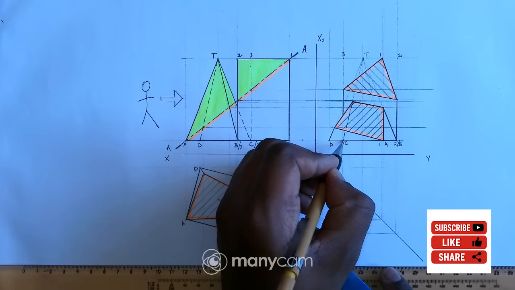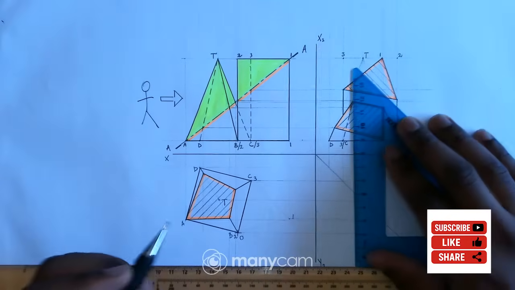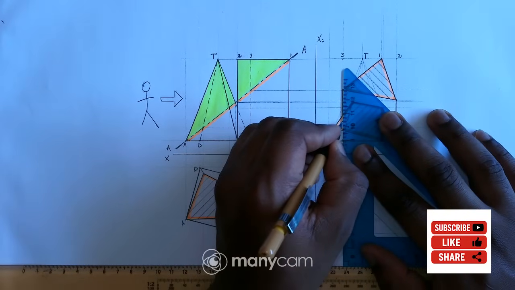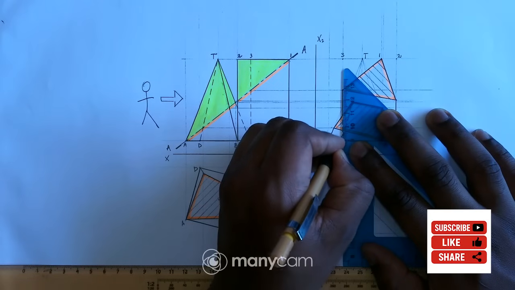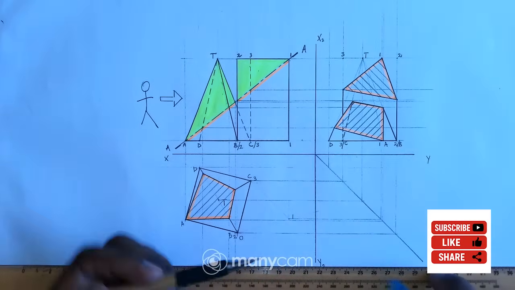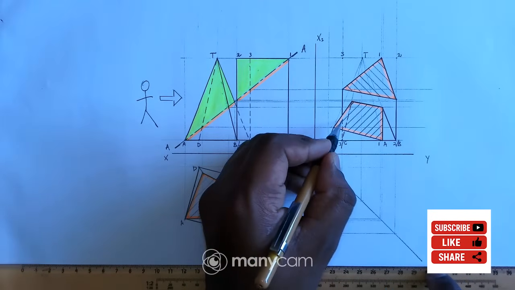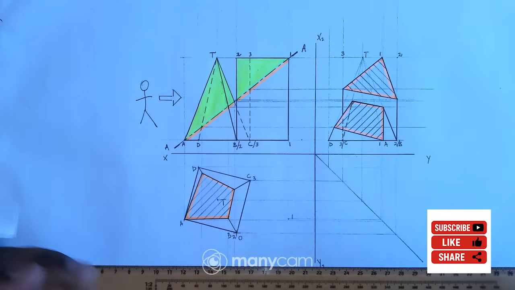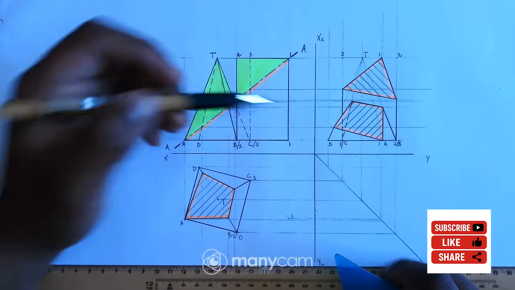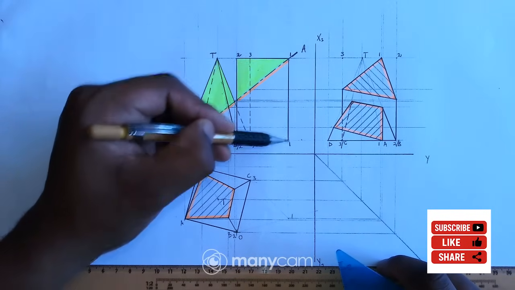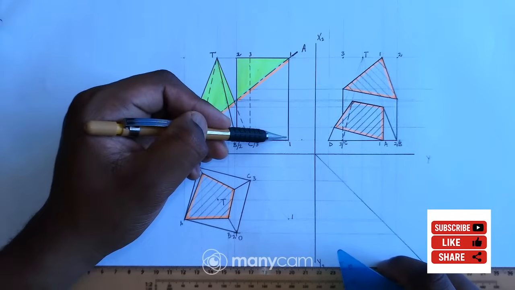and then from here, from this point to this point, I'll have to add some hidden detail. Why? Because now that part is hidden. Remember, we have the pyramid in front of the prism, so obviously here I'll have to add a hidden detail line, and then I move to the last point, which is 1 1.